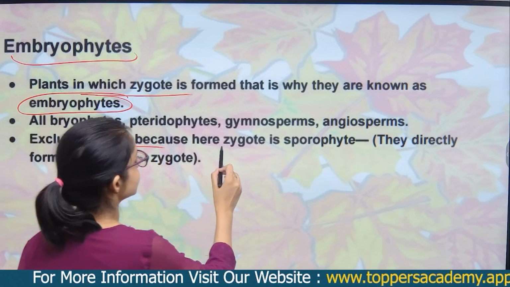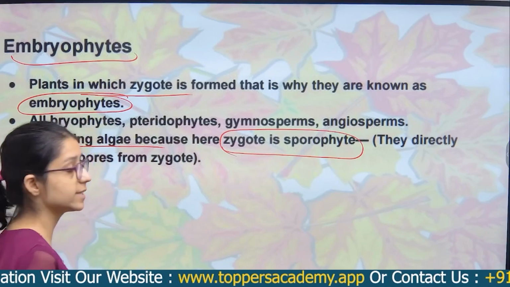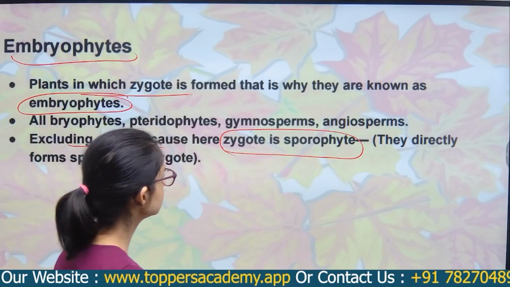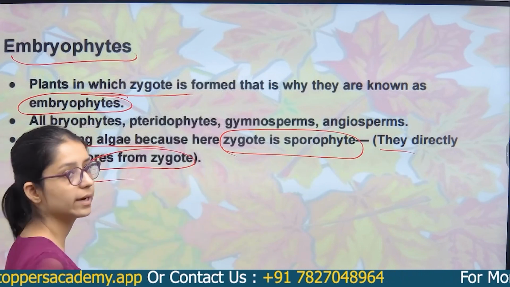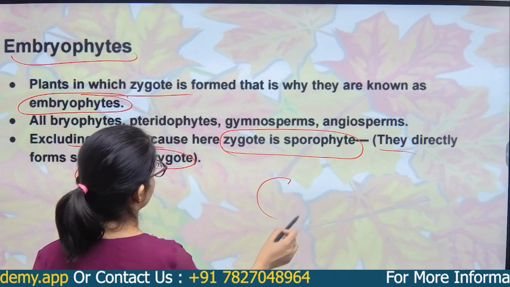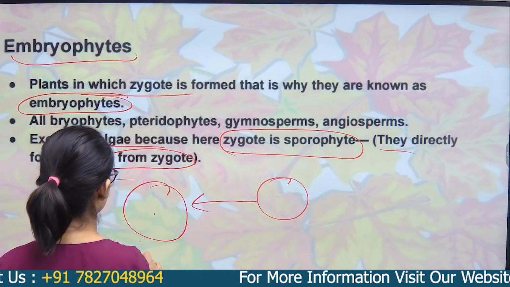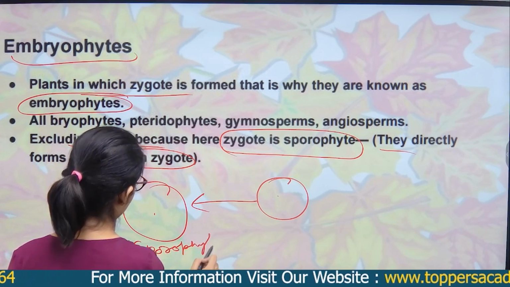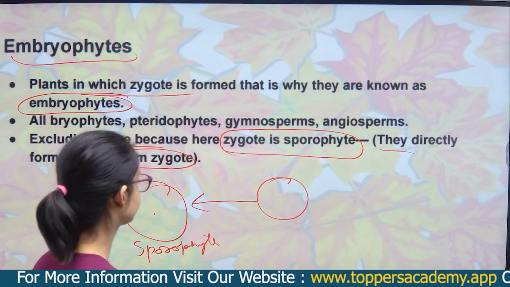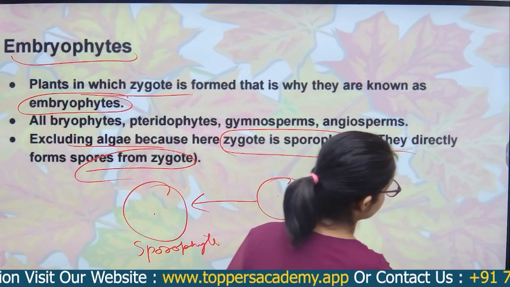Because in algae the zygote directly forms spores; the zygote develops into the sporophyte, the main body. So algae are not embryophytes.